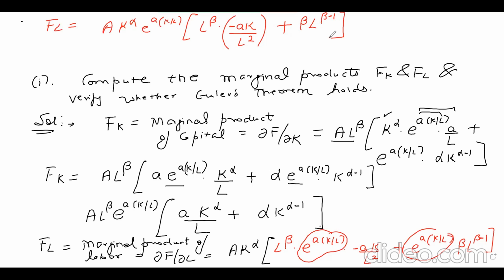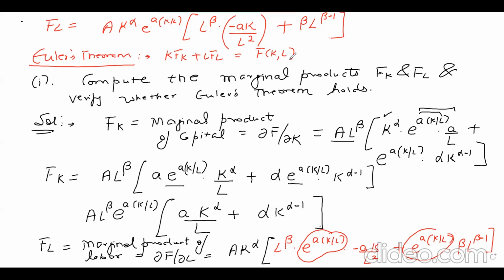Okay, and now I leave it as an exercise for all students. You can verify the Euler's theorem on your own. What do you need to do for the Euler's theorem? All you need to do is find K times FK plus L times FL and verify that it's equal to the function F of K, L. This is something I leave as an exercise for all students.